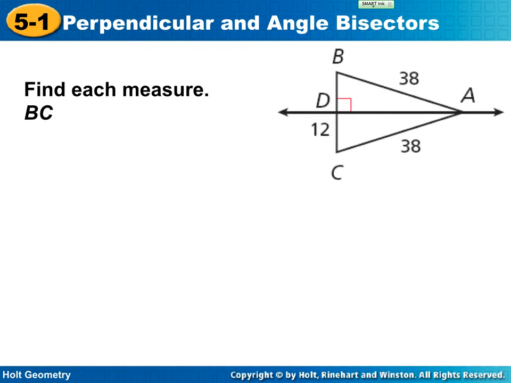Find the length of BC. You need to first figure out if there's a perpendicular bisector. I see the perpendicular, you probably do too, but there's no tick marks to show that it's a bisector, right? Doesn't tell me that BD and DC are the same.